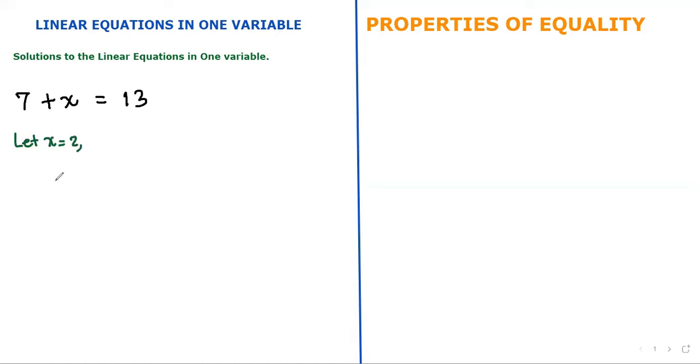We want to find out if 2 is a solution to this equation. So we have 7 plus x, which is 7 plus 2. We see if it is equal to 13.